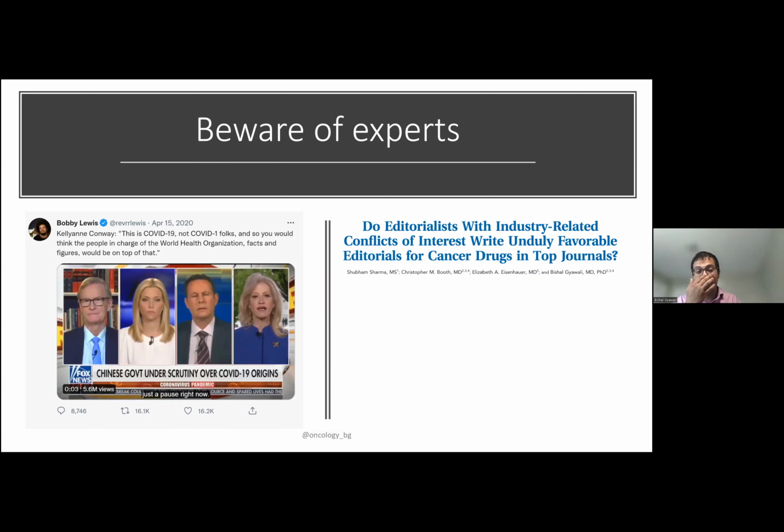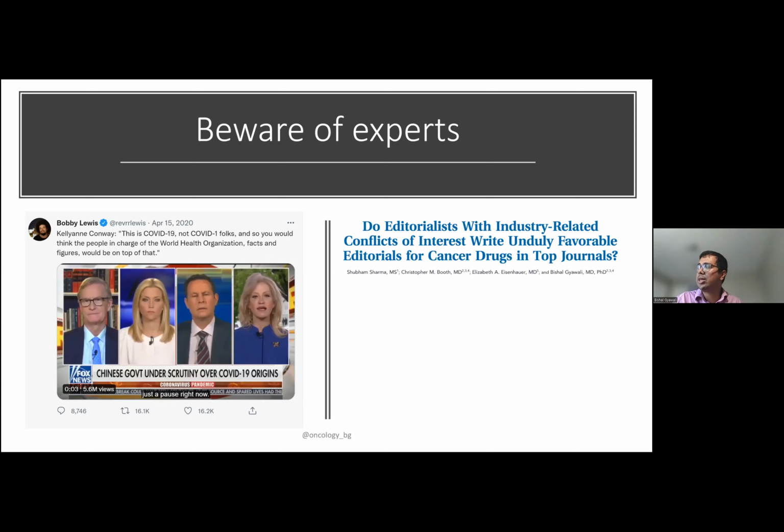And in fact, we published a paper a couple of years ago about people who write editorials in these topmost journals, in New England Journal of Medicine, in Lancet Oncology, in JAMA, in JCO, people who write editorials about the trials that are published in those journals. And we found that there is a huge bias in terms of the editorialists who are getting financial payment from the same company whose drug is being discussed, and them writing a favorable editorial. So there are two problems here.